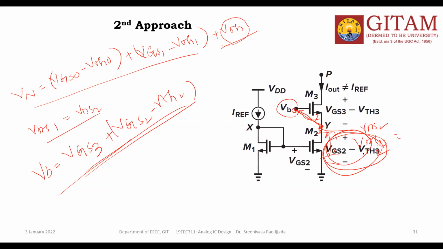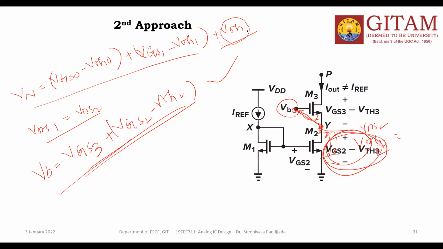So the VTH headroom consumption is eliminated only under this condition, that is, only if VDS2 is around one overdrive voltage. Earlier it was one overdrive voltage plus threshold voltage.